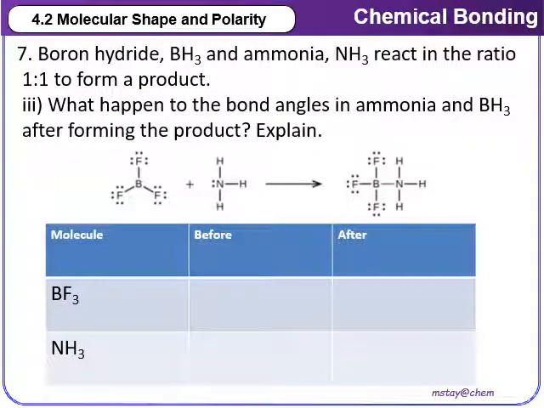Question number 3, we have to mention the bond angle after forming the product. So before forming the product, BH3 has 3 bonding pairs or 3 electron domains. So the basic shape is trigonal planar with a bond angle of 120 degrees.